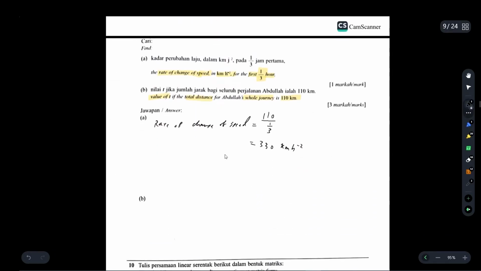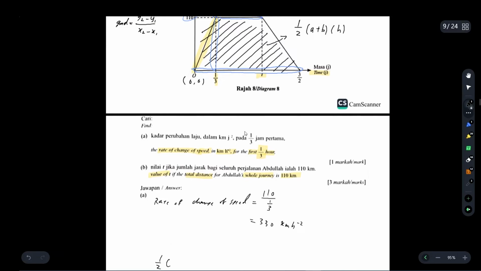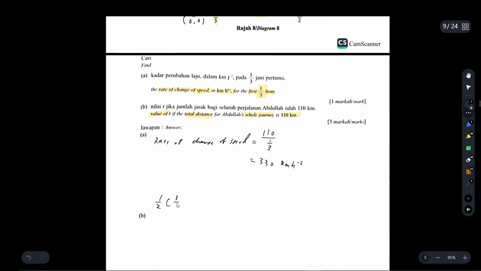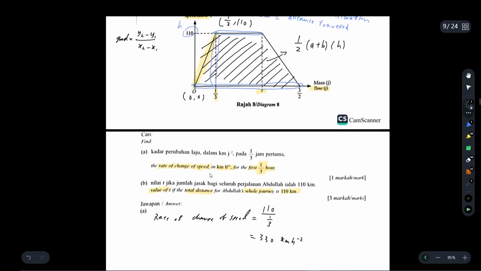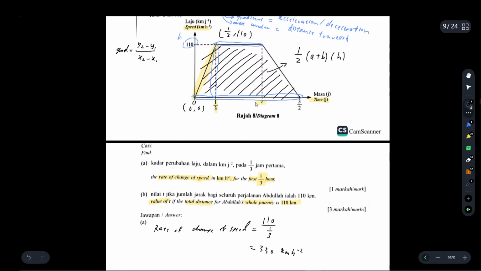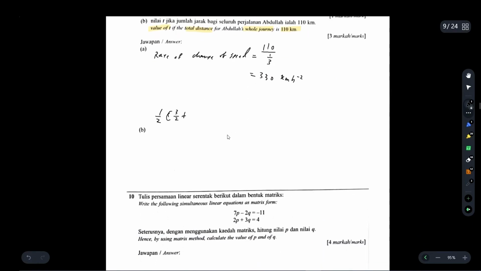Let's continue. 1/2 times a plus b. The longer side is 3/2, plus the other parallel side, which is t minus 1/3.